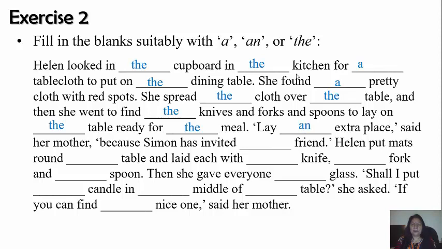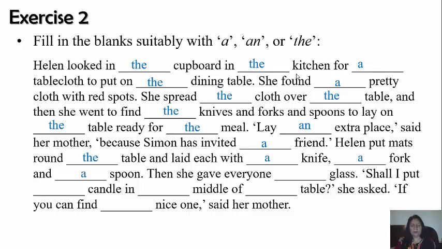Lay an extra place, said her mother, because Simon has invited a friend. Some friend, a friend. Helen put mats round the table and laid each with a knife, a fork and a spoon. So one of each.